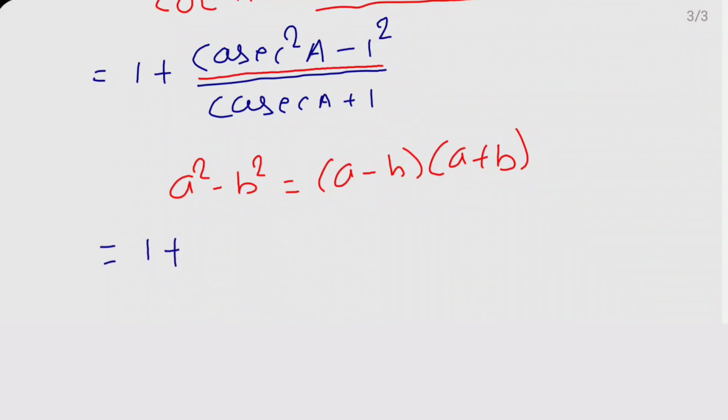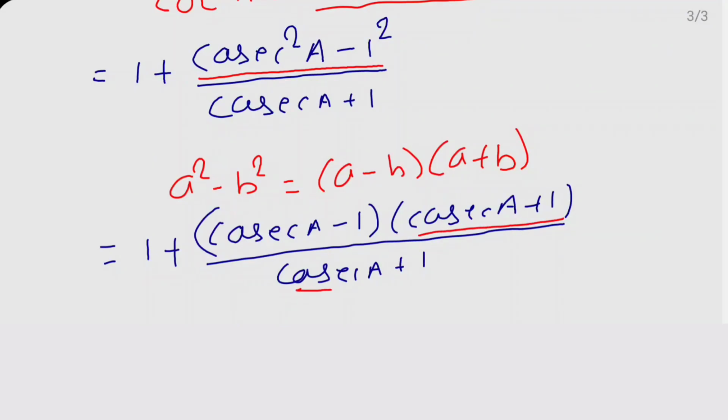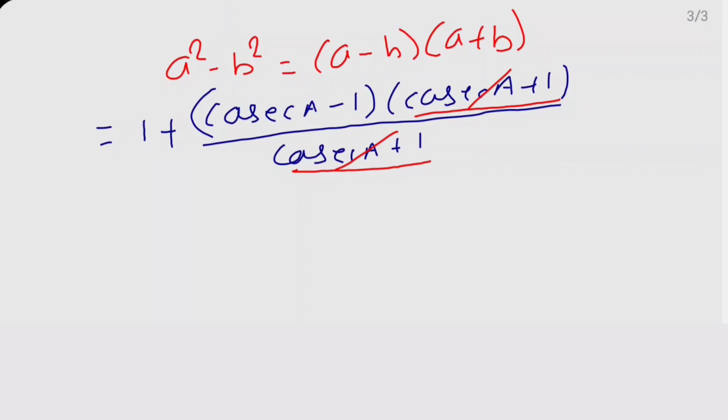So now apply here, it will become 1 plus (cosec A minus 1) and (cosec A plus 1), divided by (cosec A plus 1). And observe here is cosec A plus 1 and here also cosec A plus 1. Both are same, get cancelled.